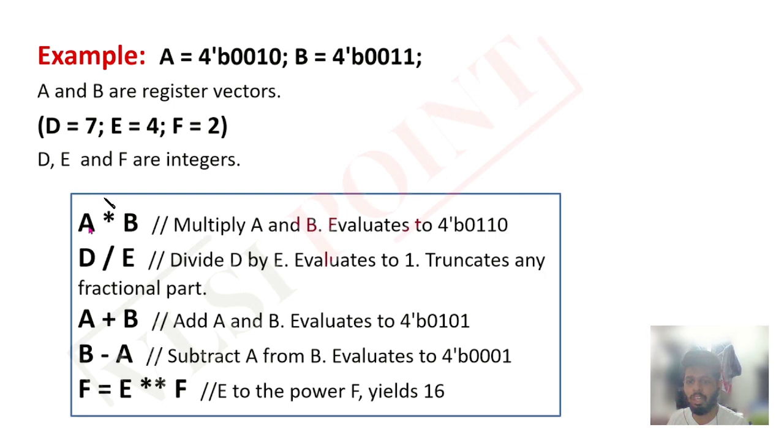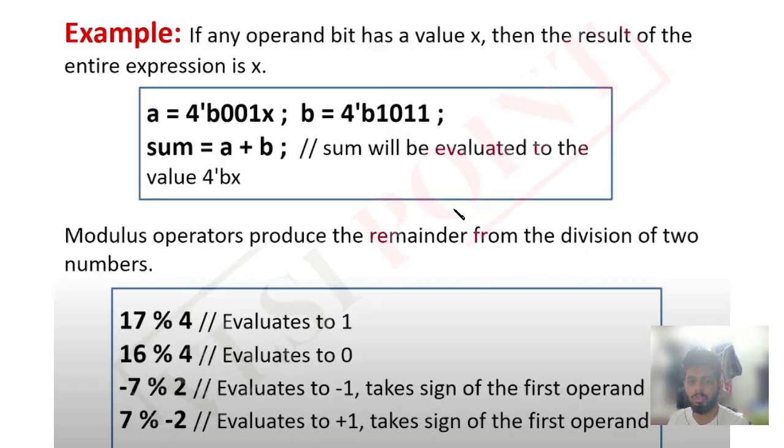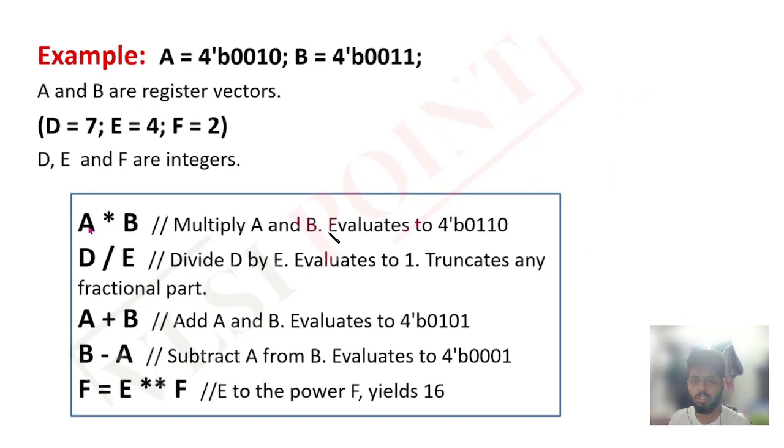When A and B are multiplied, it equals this value. When D and E are divided, it equals 1. Similarly, when A and B are added, it equals this value. Upon subtracting A from B, it equals this value. And upon doing the exponential form, it yields 16.